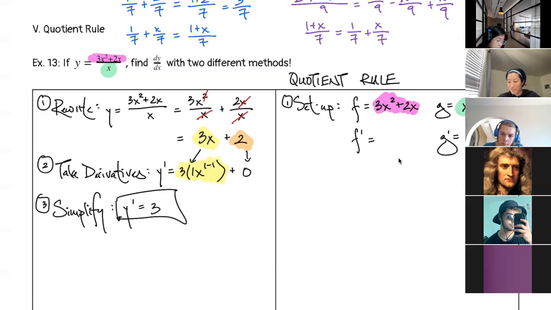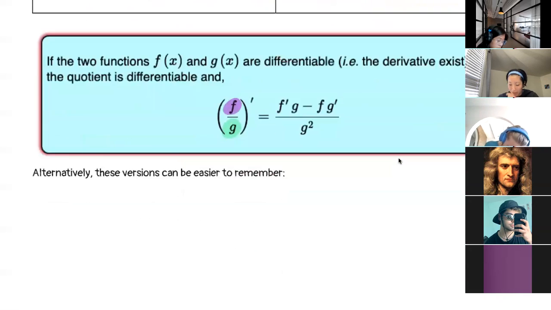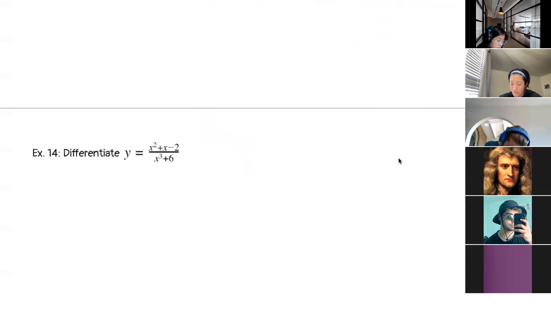So maybe just to show us that it's not so scary now that we figured that one out, can we go down to example 14 for a moment? What is your F and what is your G?